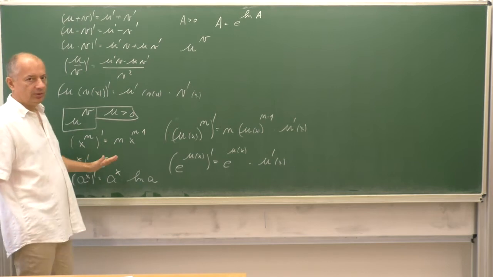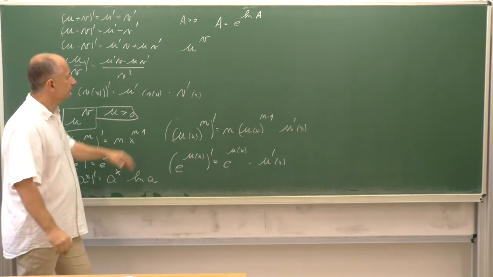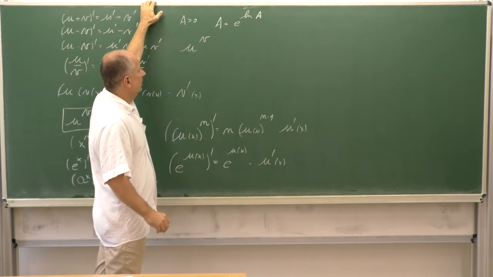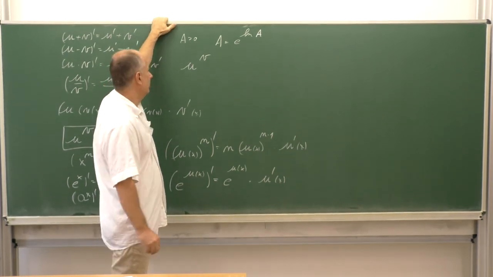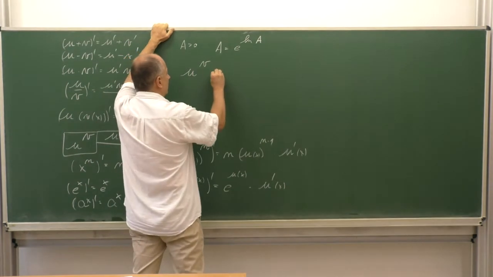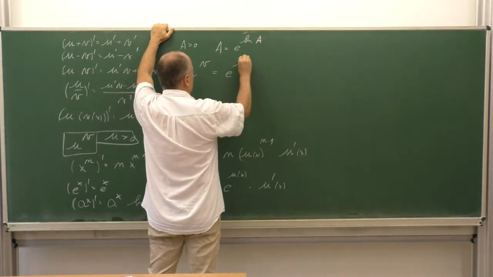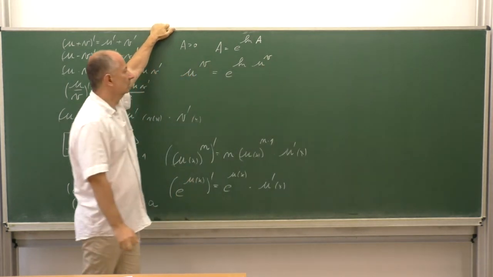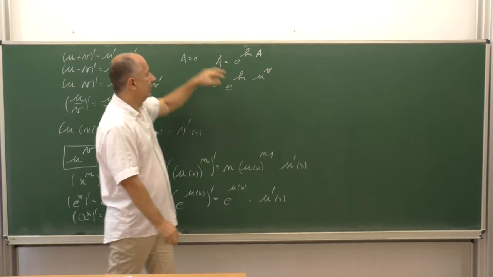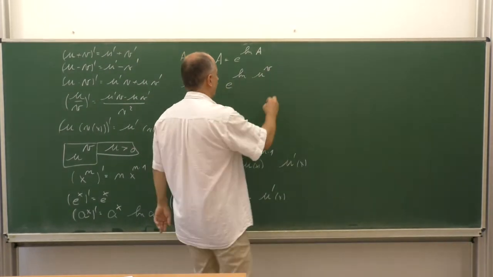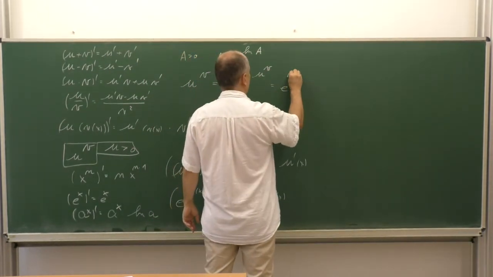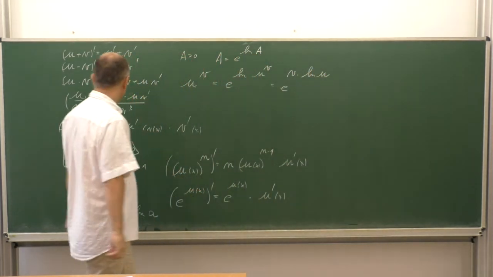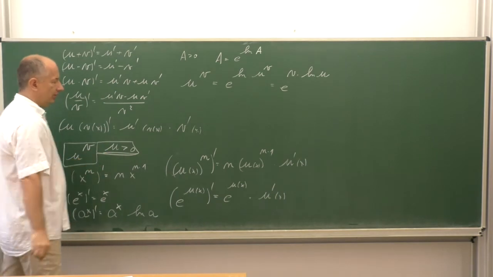This is our condition to make things simple. We always consider base to be positive when we have general base and general exponent. So this can be written as e to logarithm u to v. And then logarithm u to v can be written as v times logarithm of u. All the time assuming u is positive.